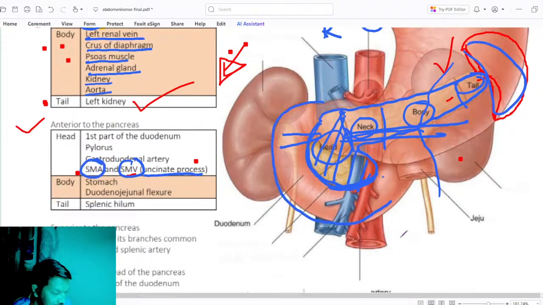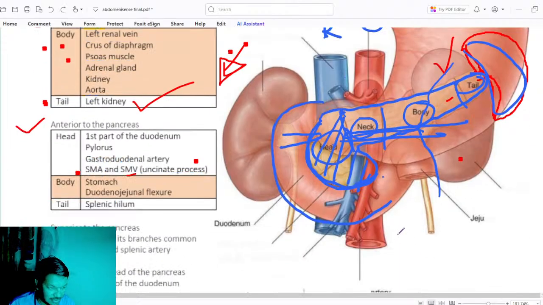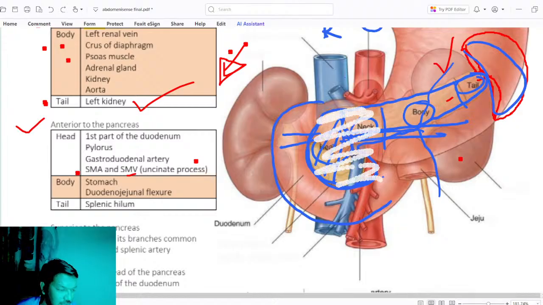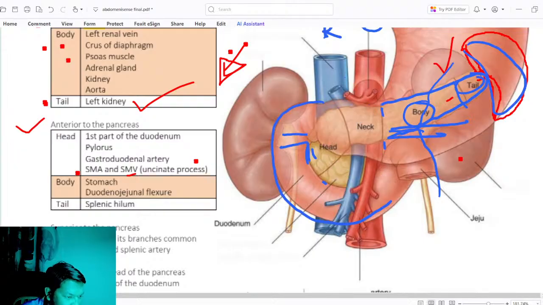See this structure, see this picture properly. This is superior mesenteric vein and this is superior mesenteric artery.